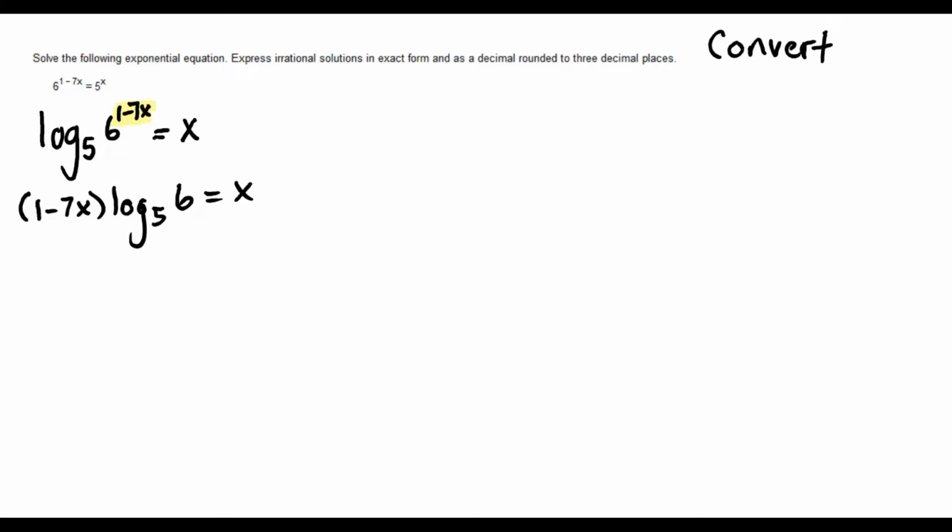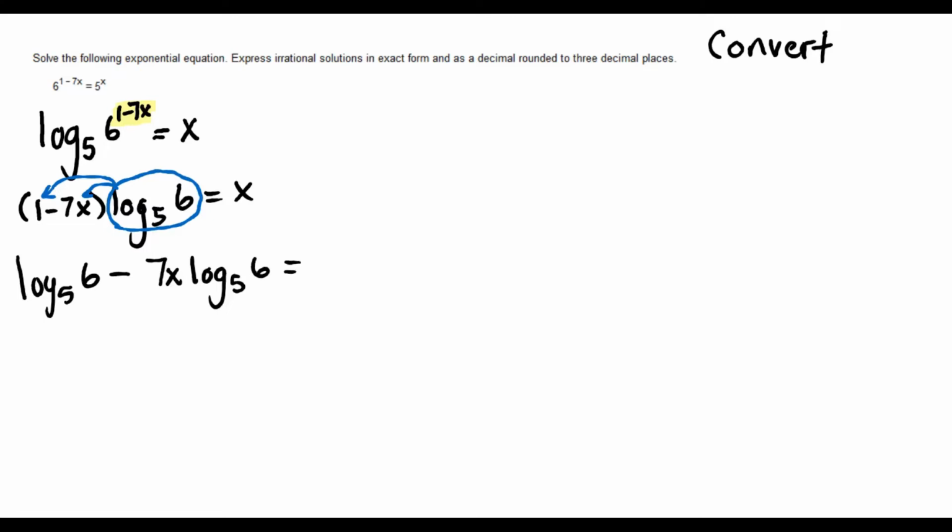Then I'm going to use the distributive property. And I'm distributing this log base 5 of 6 to both of these terms. So that would be log base 5 of 6 minus 7x log base 5 of 6 equals x.